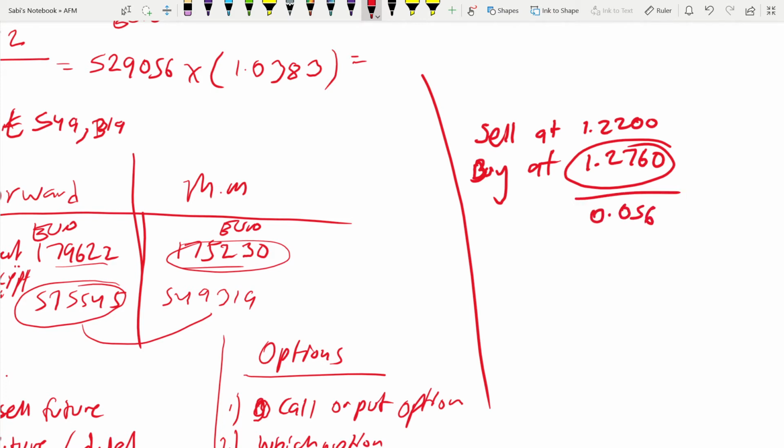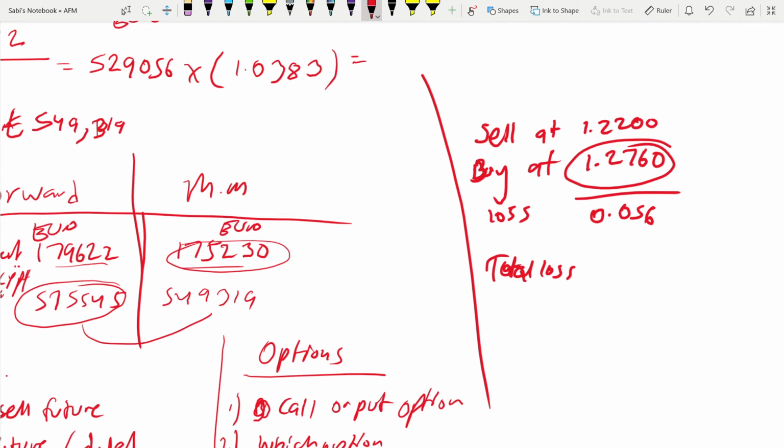So the difference is 0.056. Is it a loss or a gain? It's a loss, because you're buying at a higher rate and selling at a lower rate. Okay, but you need to find the total loss. This is the same for options also, so I'm not going to repeat the same steps in options.